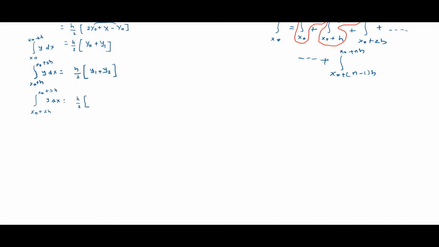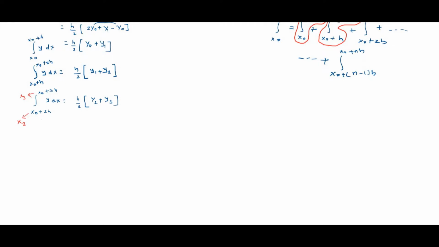So here this x0 plus 2h is nothing but x2, and its corresponding value is y2. I will write in bracket plus. Next, the upper limit is x0 plus 3h, and its value is nothing but x3, and its corresponding value is y3, so I will write here y3.